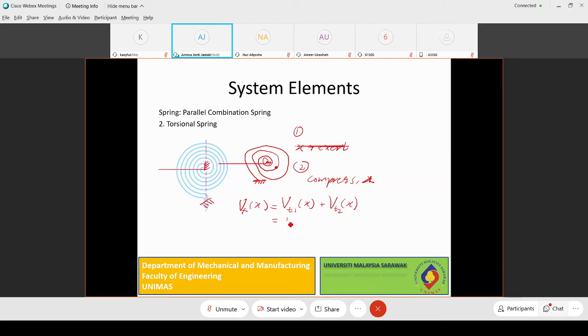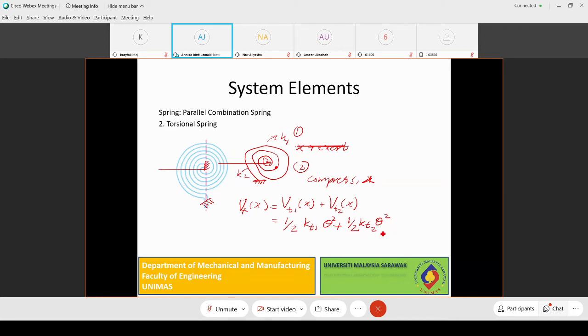So this equals half Kt1 theta squared plus half Kt2 theta squared. These two springs have different constant values, K1 and K2.